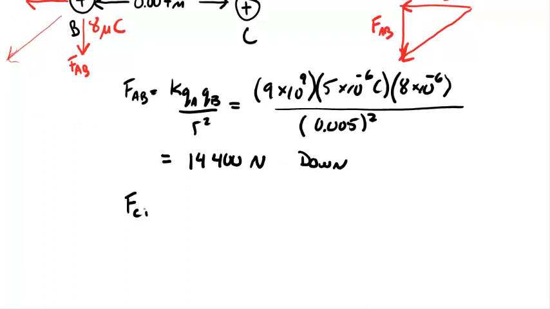So the force of C on B will be k Q_C Q_B over r squared. And now the distance from C to B is 0.007 meters.